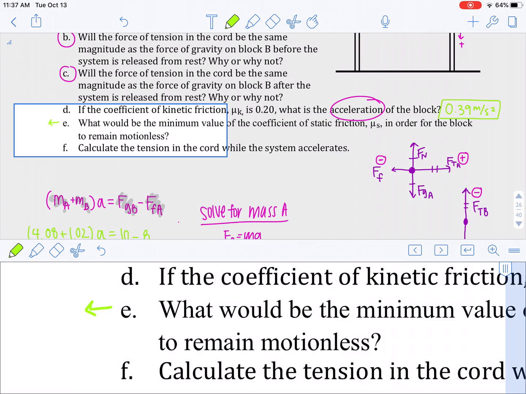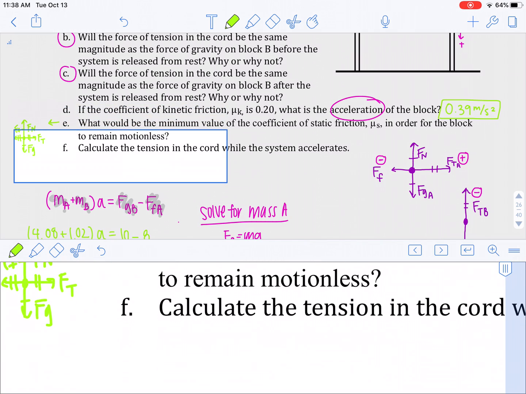So what that would mean is that my FBD for A would have balanced forces. So FT would be equal to the force of friction. And that would also mean for B that FG on B would need to be equal to the force of tension.